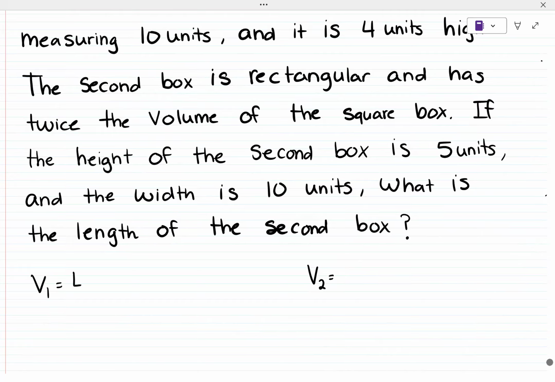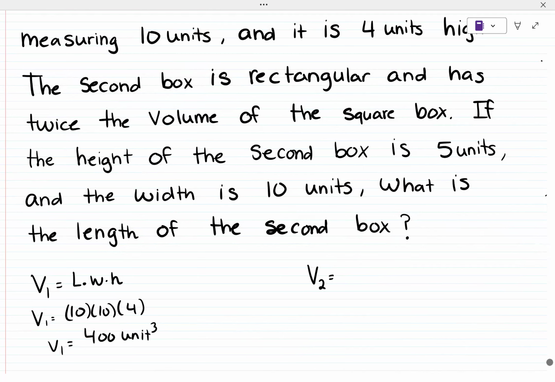It is basically length times width times height. So in the first box, they said each side is measuring 10 units and its height is 4. So that means the length is 10, the width is 10, and the height is 4. And when you put it all together, 10 times 10 times 4 is 400 units cubed.